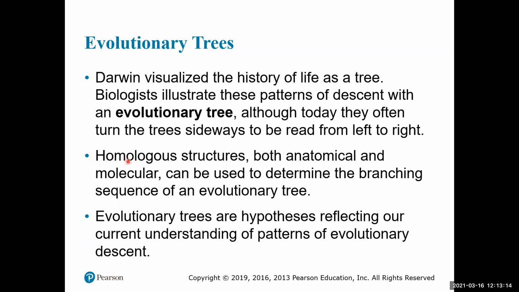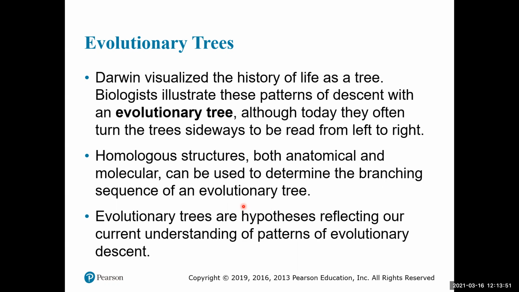And we can map these structures on the evolutionary trees to determine relationships between species. One thing I want to point out here is that whenever a researcher makes an evolutionary tree, it's not ever 100% accurate. It's really difficult to know if these relationships are 100% accurate, right?